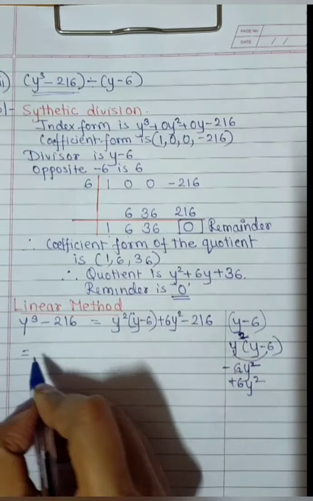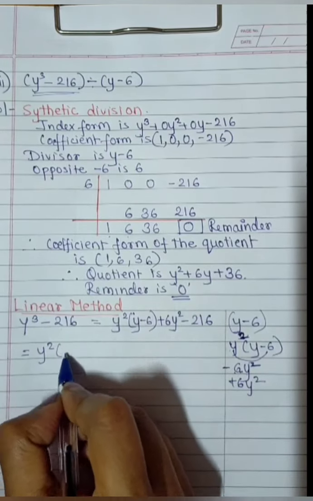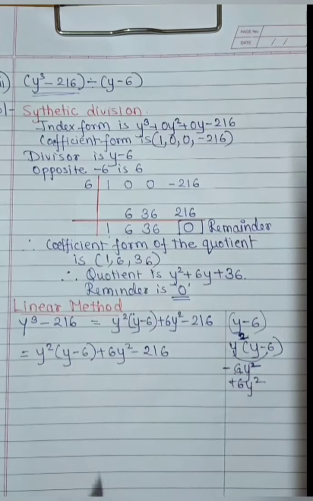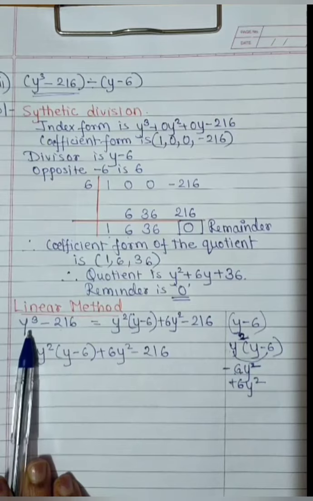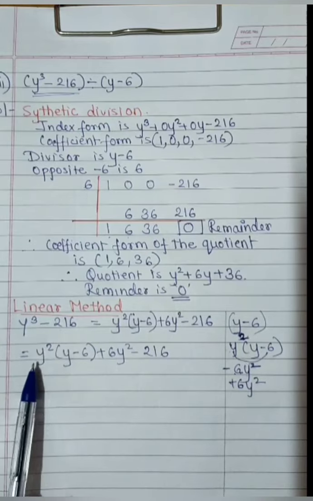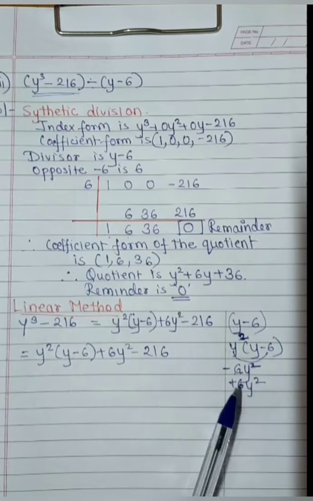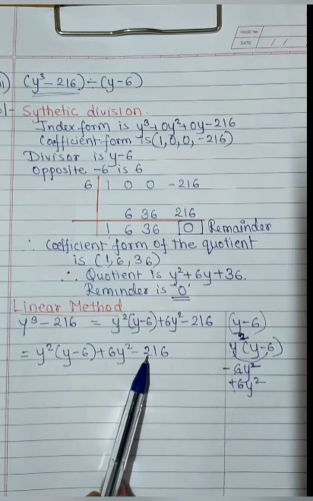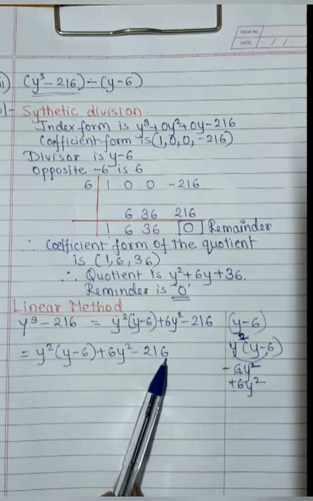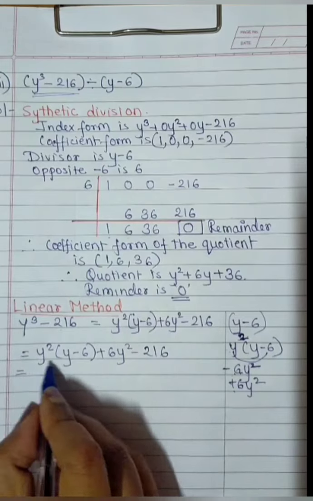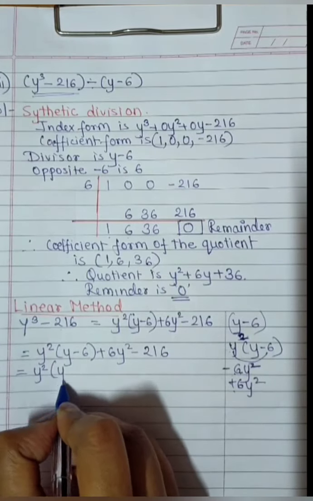Now this equation I am writing here because it is very congested. So I am writing here plus 6y square minus 216. Okay, now we will move to the next step. Now this will come as it is, y square in bracket y minus 6.